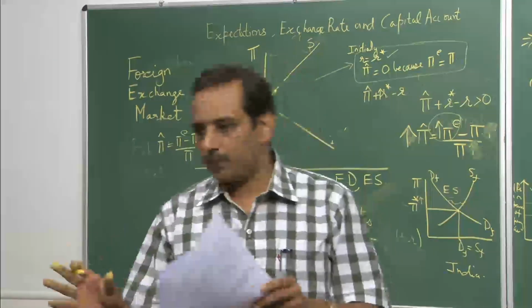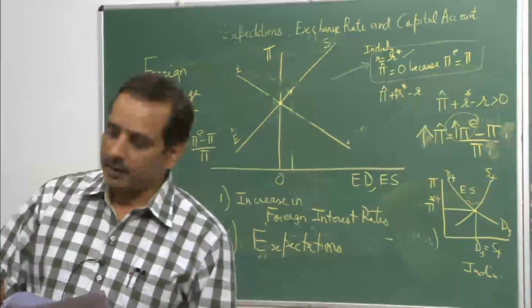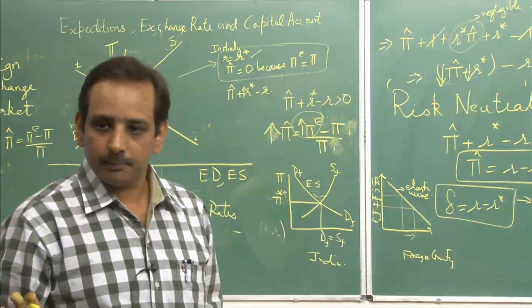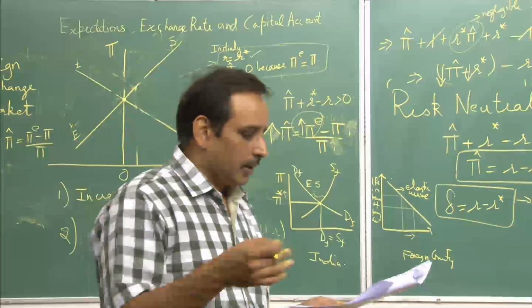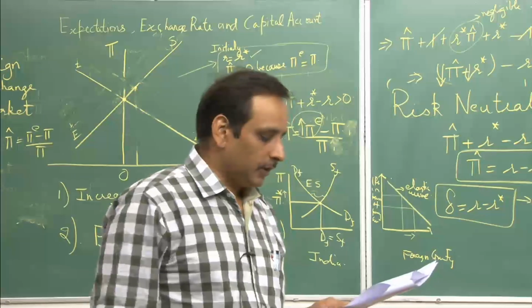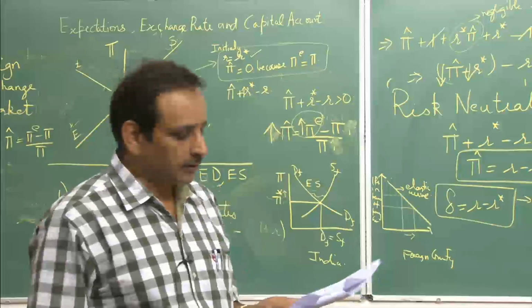So, you have both. If the ES curve indeed shifts to E star S star, then it brings stability, and if the ES curve remained at ES, then it brings instability.